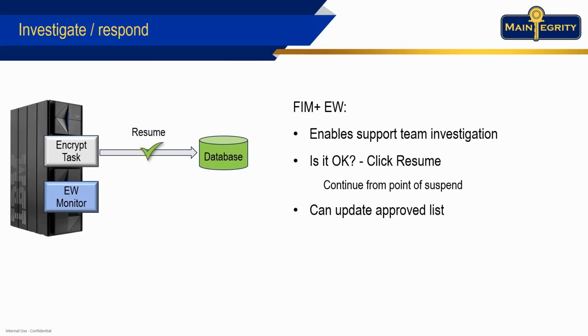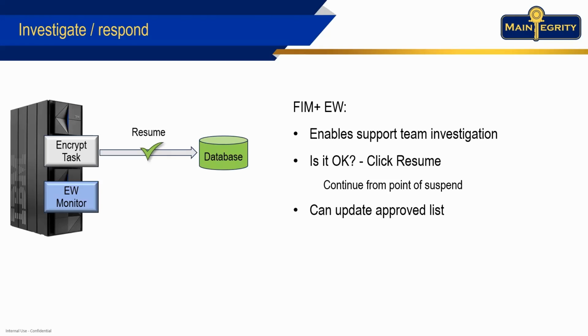One is the red box, which says, since FIM told me who the responsible ID was, and since I know who to call, I can check out whether that was some new encryption process that applications put in, or whether that was something that we don't know about at all. So I only have to decide then to click the resume button to say, oh yeah, I talked to Harry in applications and we need to get this done.